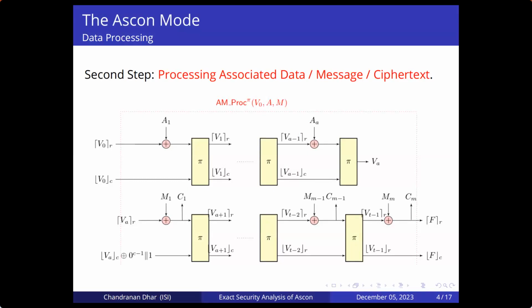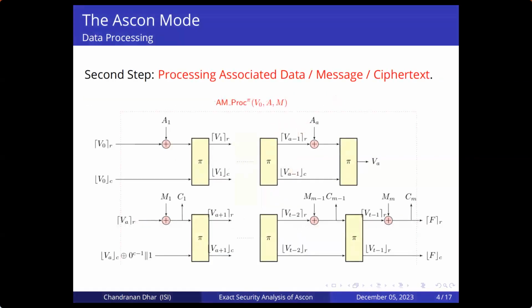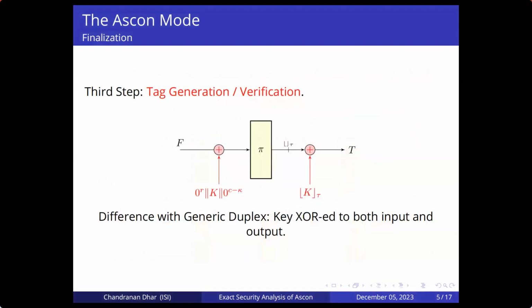We take the input, which is actually the output of the initialization phase, and for encryption queries we take the associated data and message, and for decryption queries we take the associated data and ciphertext, and we generate a final state which we call F. Then in the finalization step, it is different from generic duplex because the key is added both before the permutation and after the permutation.